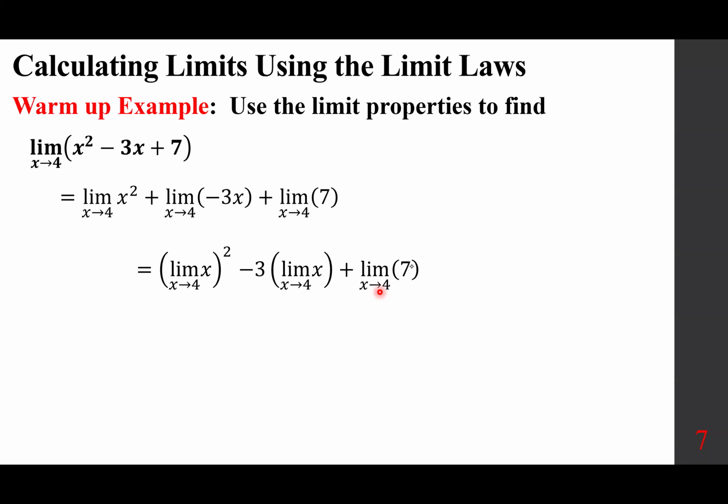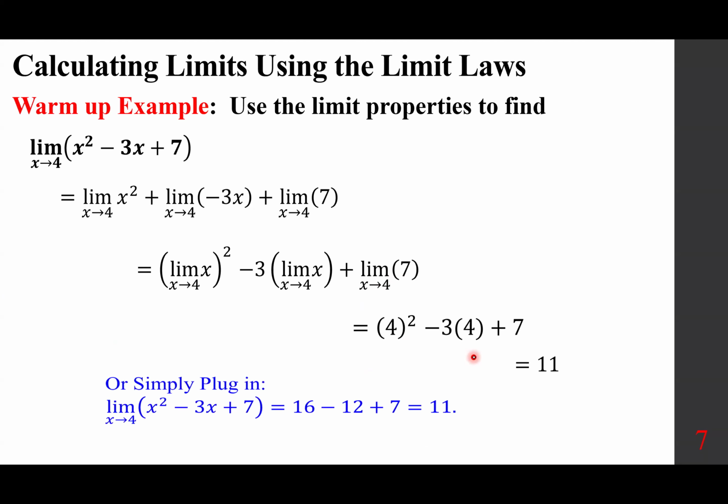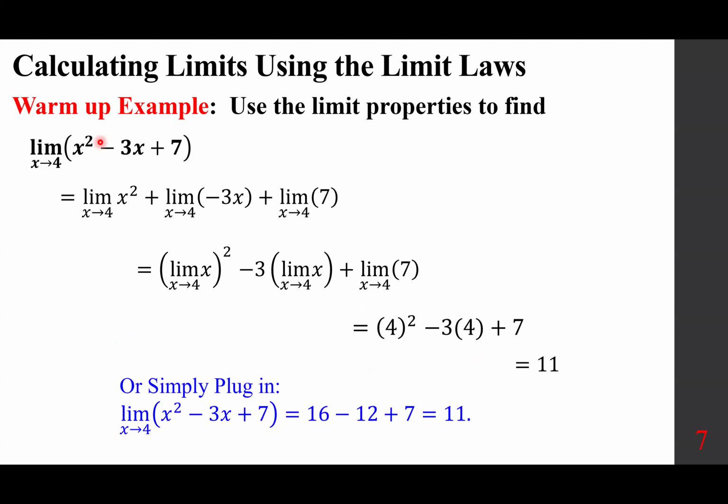It's 7. And so 16 minus 12 plus 7 is 11. And of course, simply you can plug in. If you plug in right here, you get 4 squared, which is 16, minus 3 times 4, which is 12, plus 7 equals 11. And when it works out, that's fine.